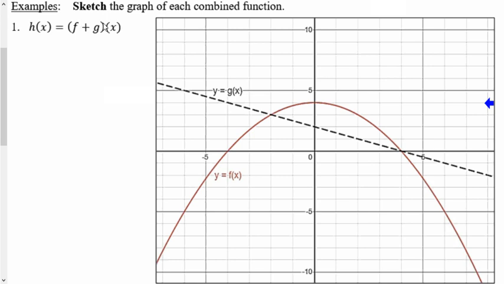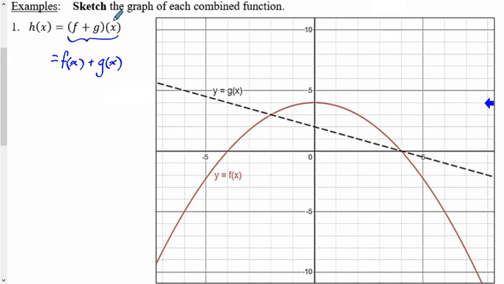which is a little bit strange looking. This notation that we're given up here is defined to mean that we will take the f of x function and we will add to it the g of x function. It's just notation. So there's no deeper meaning behind it.